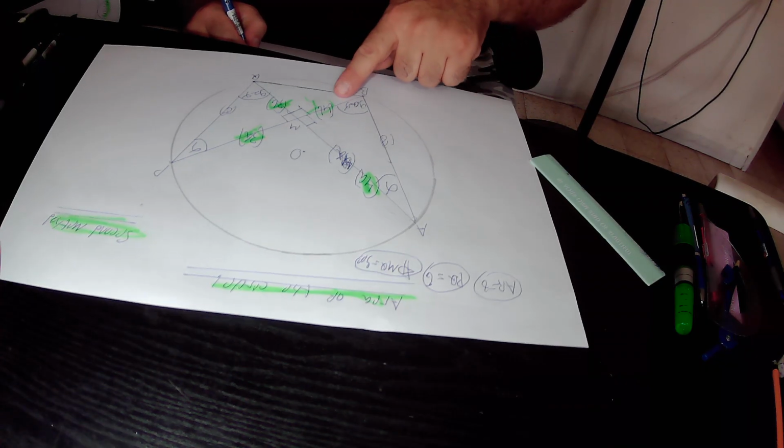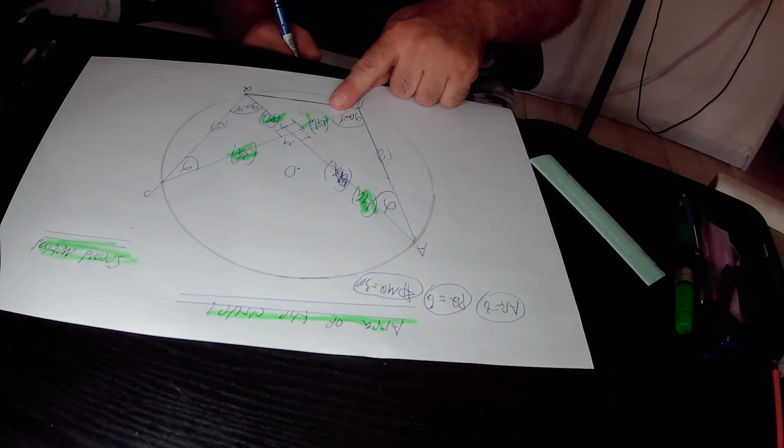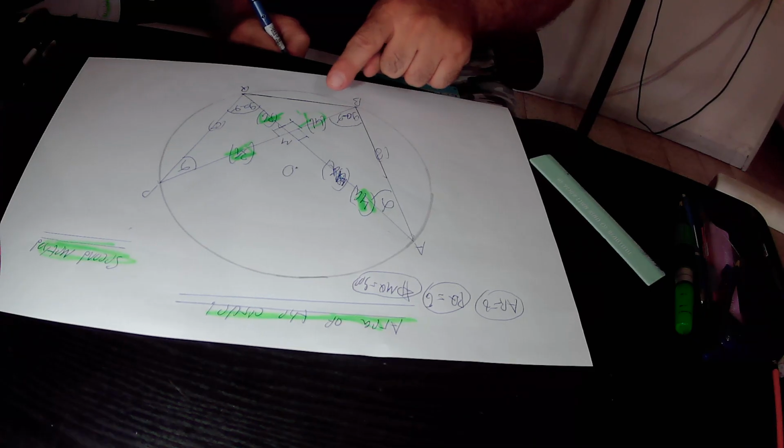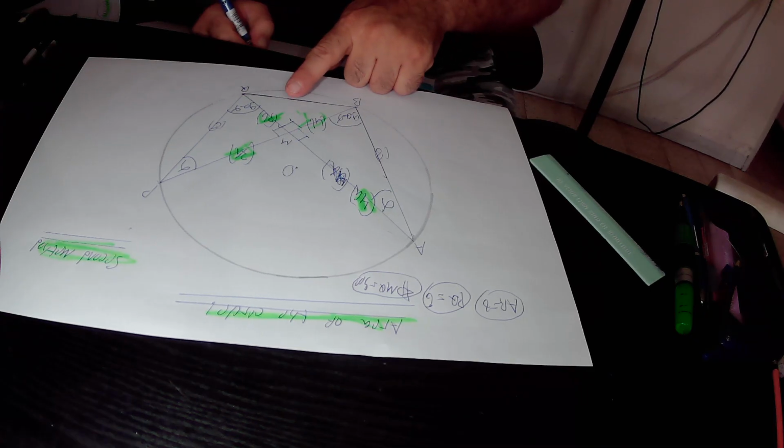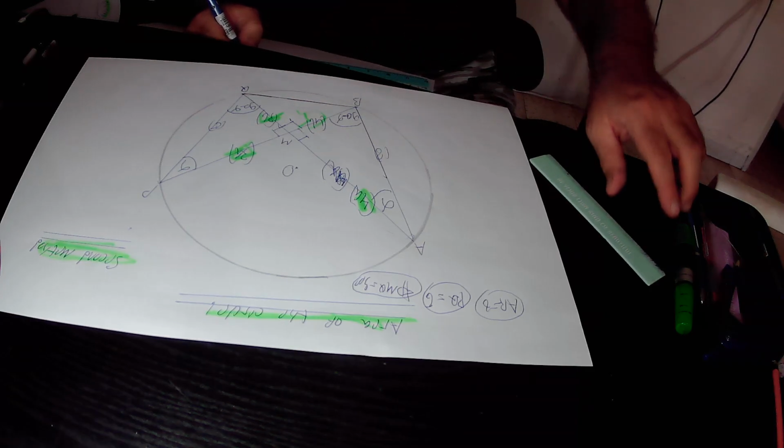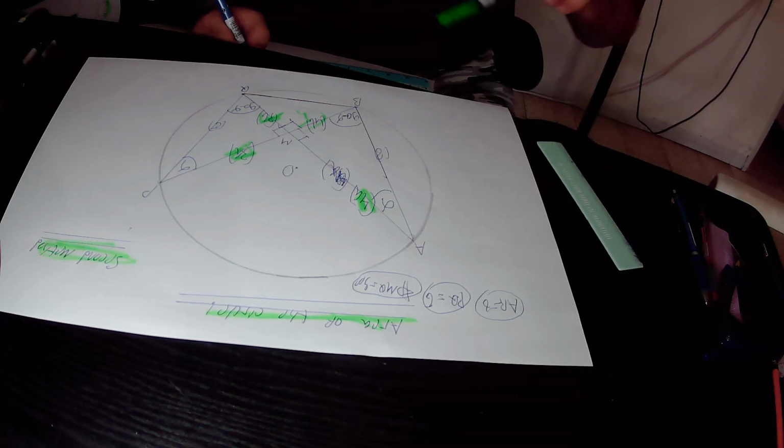Side MB equals 4B units in its length, and side MQ equals 3B units in its length. BQ is the missing side.